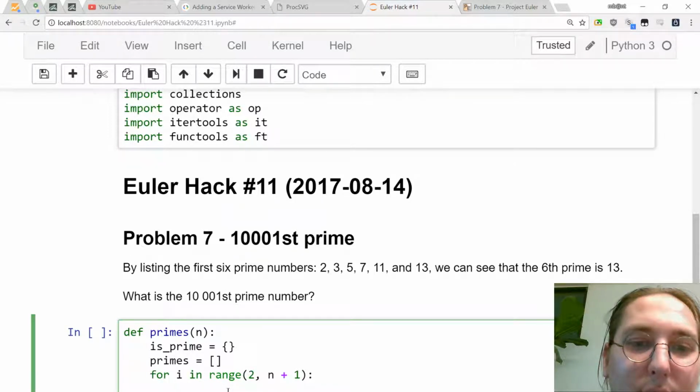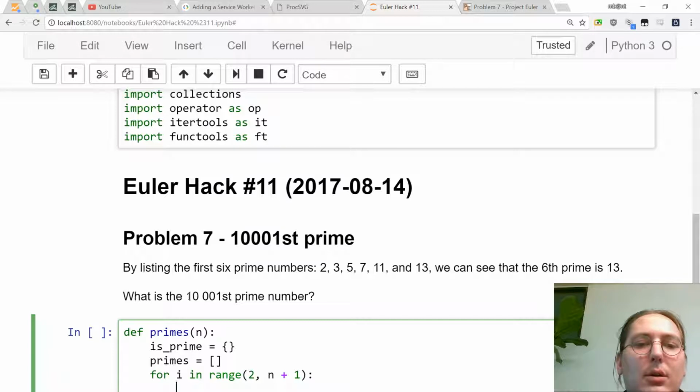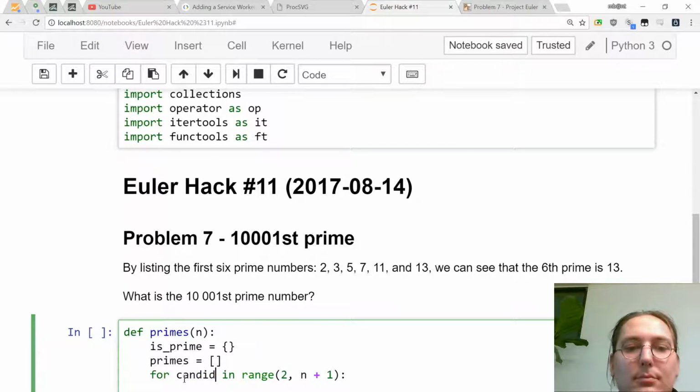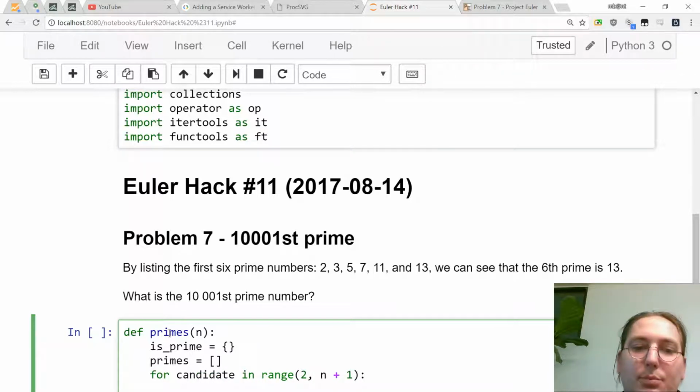The 10,000th prime. Yeah, you just need to count it. Well, but we need to know what previous primes there were to determine whether or not the candidate is prime. Depends how you want to implement it. Yeah, we should keep them. But we have a separate function is prime. Oh, is prime? You want to do that?